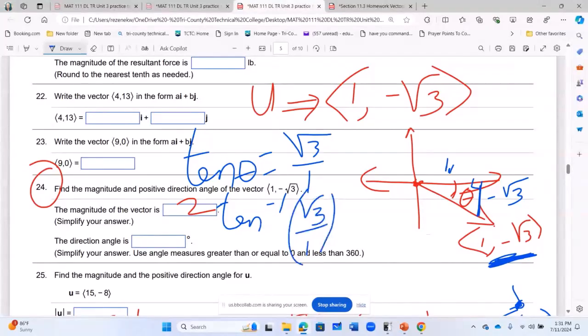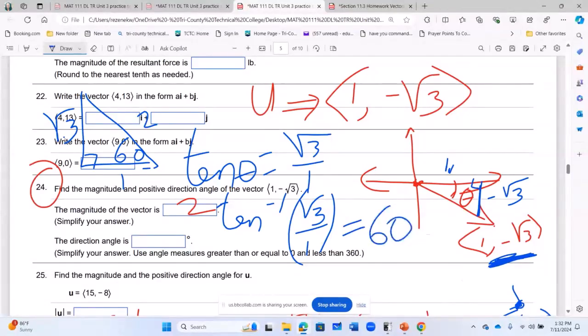By the way, if I draw a special right triangle, this is 60, opposite root 3, this is 2, and this is 1. So tangent of 60 is root 3 over 1. So the reference angle in the fourth quadrant is 60 degrees.